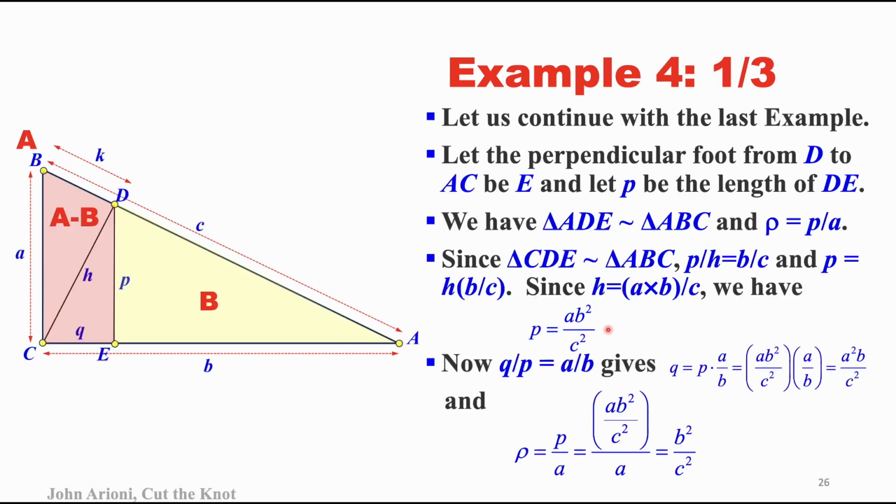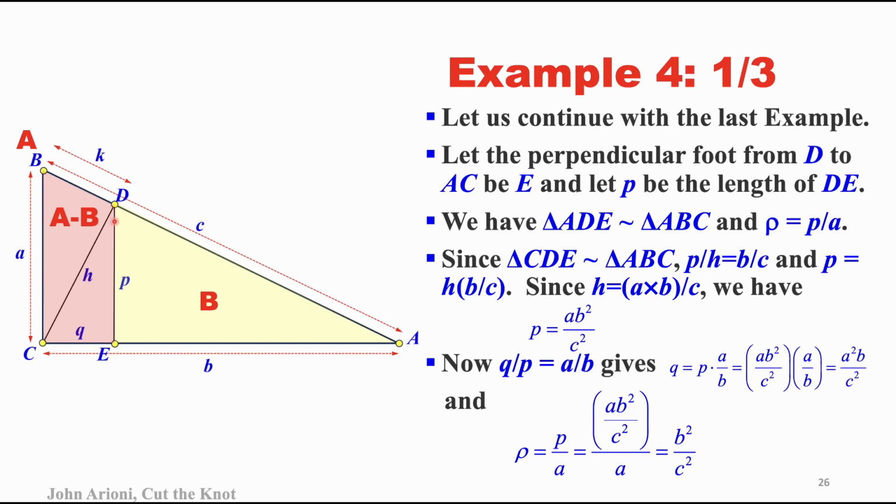Now, the fourth one is not taken from Loomis' book. Instead, it could be considered as an extension of example 3. So, what we need to do is construct a perpendicular from D to side AC, meeting the side AC at E. We have already named CD as h, BD as k.